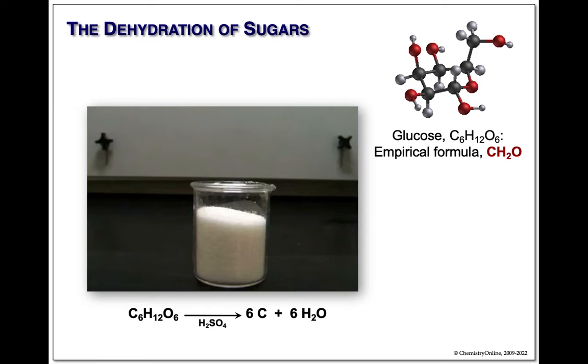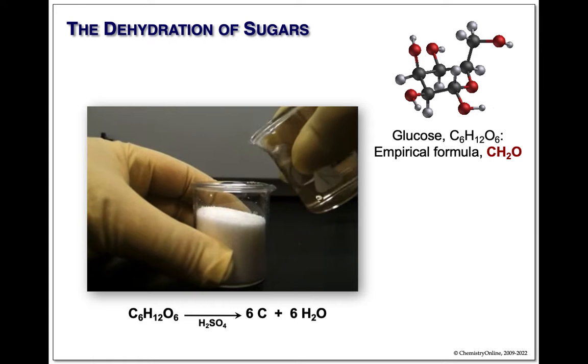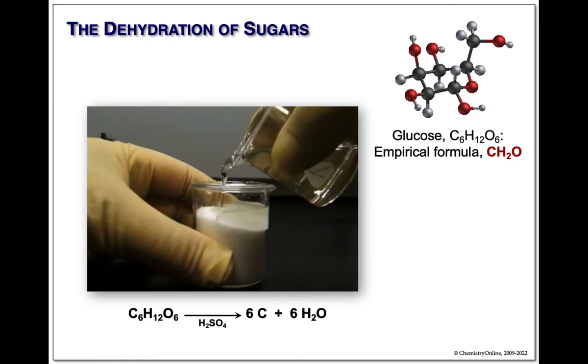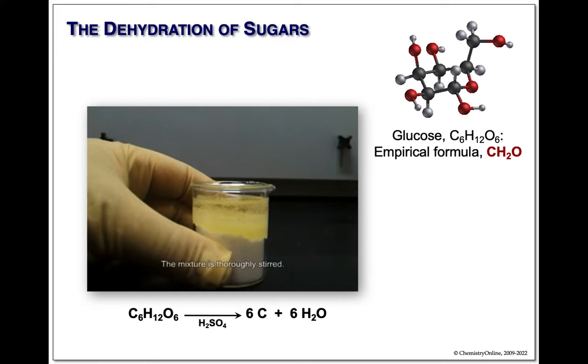If you take sugar, glucose, add concentrated sulfuric acid very, very carefully, the sulfuric acid will catalyze a decomposition, giving us simply carbon and water. That's where the term carbohydrate comes from.